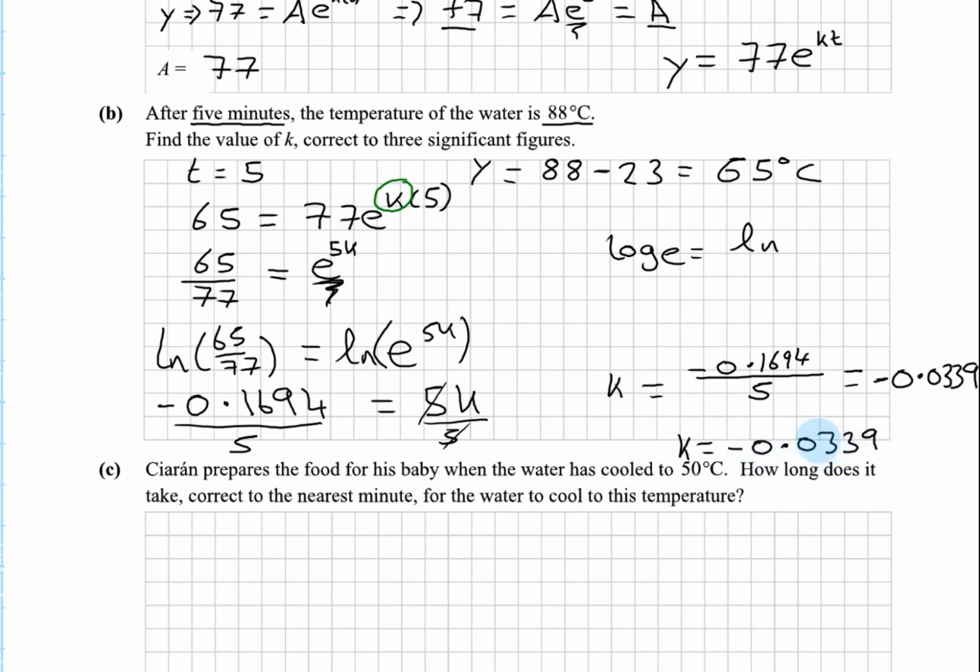What that means is that the first time you hit a number that isn't 0 is your first significant figure. So we neglect this, and our significant figures are these, so 3, 3, and 9. So that's something to keep in mind. If it said 3 decimal places, then you'd do 0.034, but because it says 3 significant figures, we're only interested in when we first hit a number that isn't 0, if that makes sense.